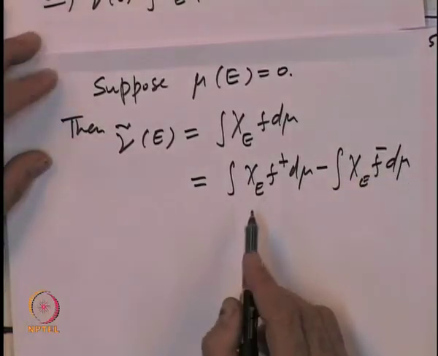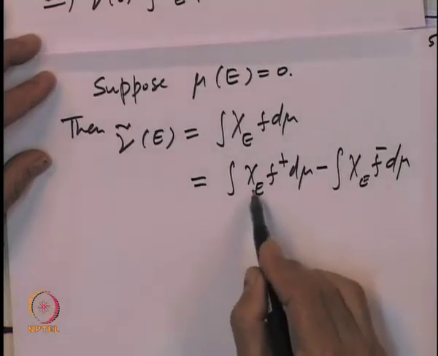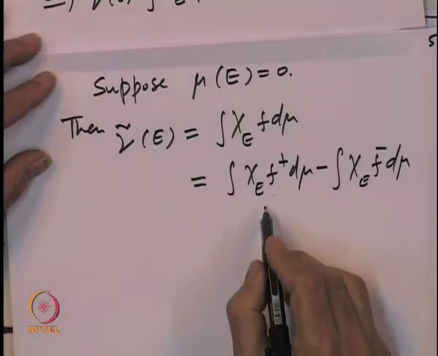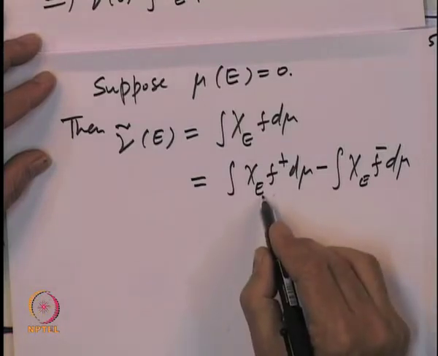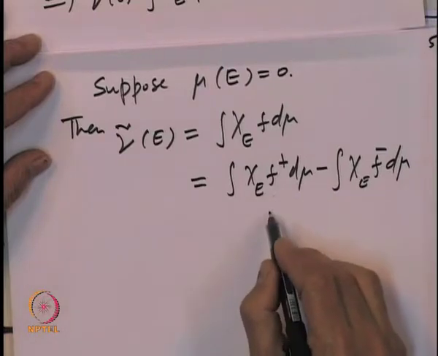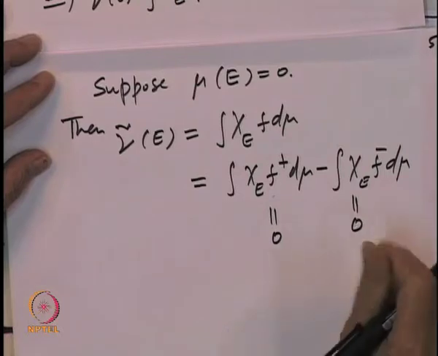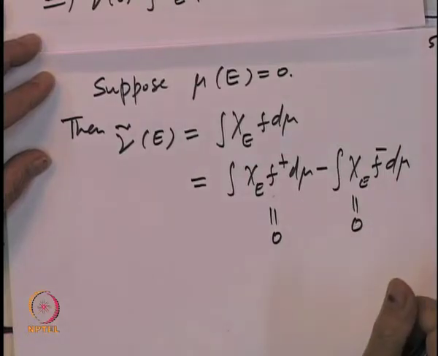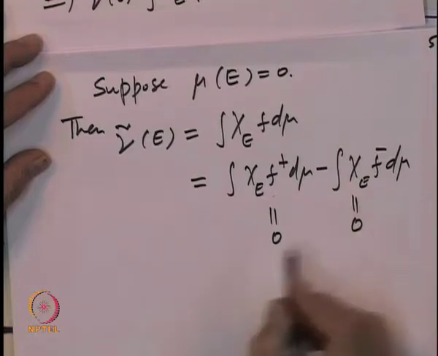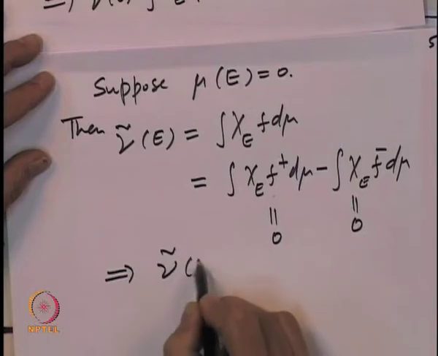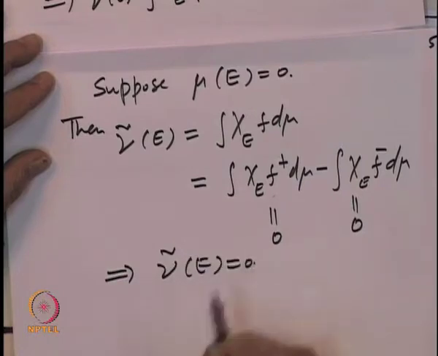And now, we observe mu of E equal to 0, chi E of f plus is a non-negative function, and by the properties of non-negative functions, if the set has measure 0, then the integral of this is equal to 0. So, the first integral is equal to 0, and the second integral is equal to 0 by the properties of integrals of non-negative measurable functions. So, this implies nu tilde of E equal to 0.